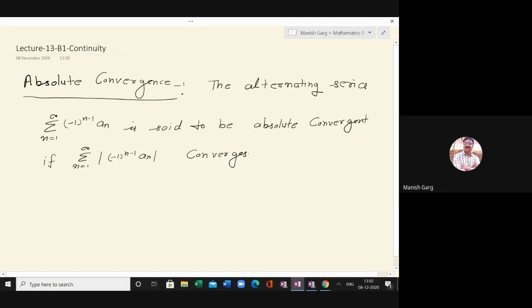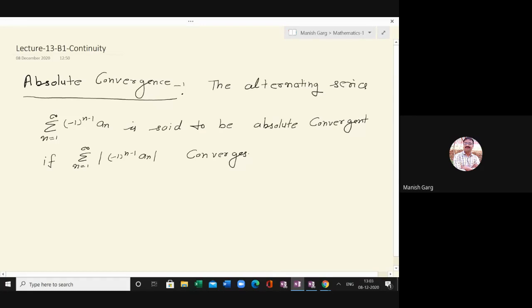If you take the series of positive terms and it converges, then this also converges, because we know that if the series of mod a_n converges, then the series of a_n converges. So the alternating series also converges, and you can say this is absolute convergence.